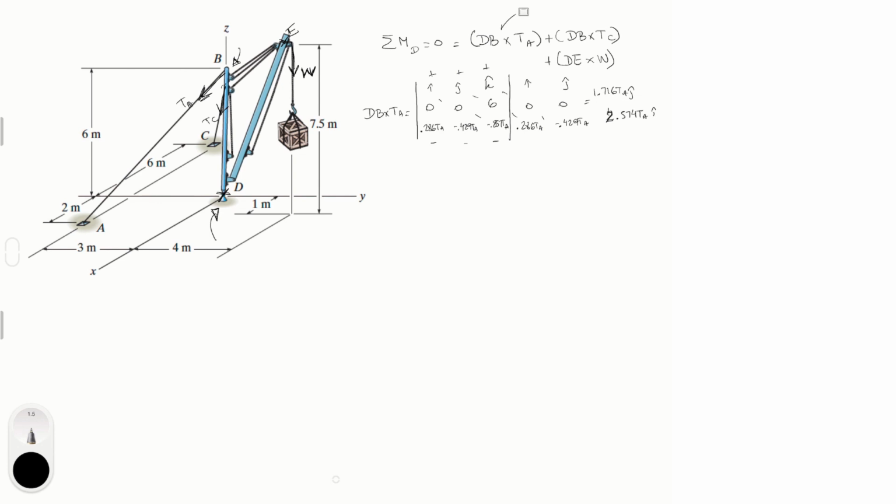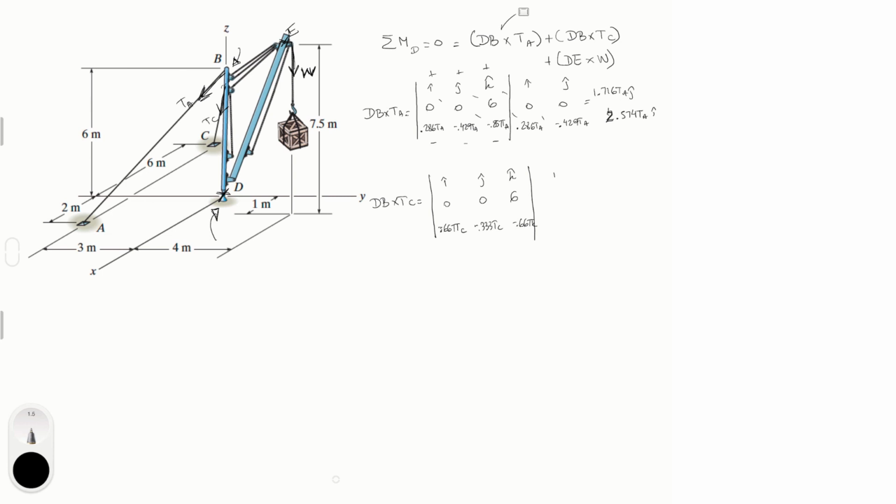The second one is dB cross dC. I'm going to go a little faster for this one. IJK. dB is 0, 0, 6. dC is negative 0.667, negative 0.333, and negative 0.667.